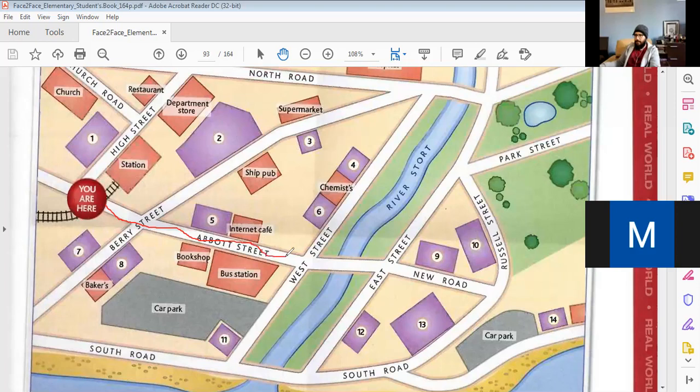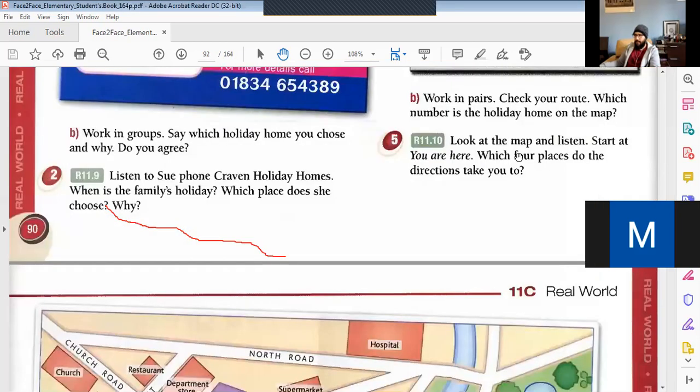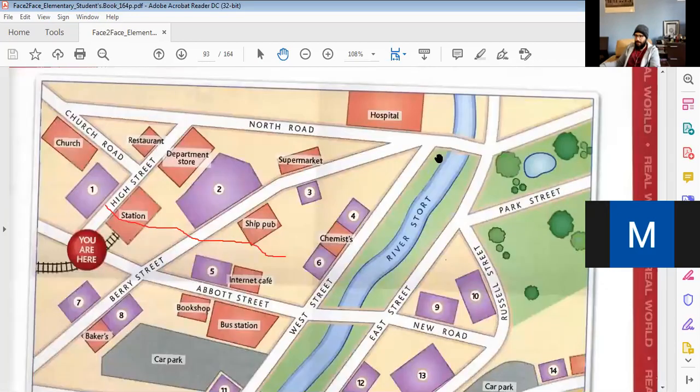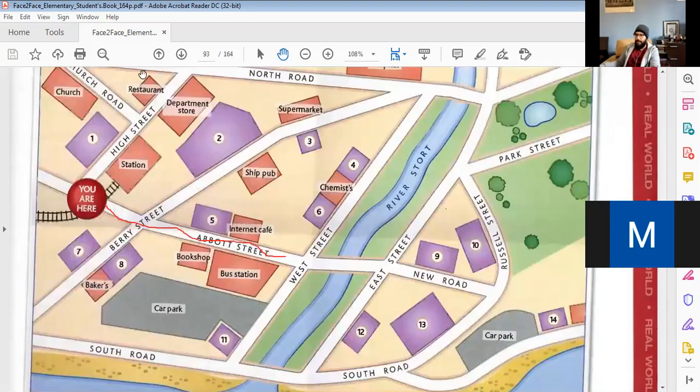So in her first direction she said go past the bus station. Yes. So this is the first step. Let's check. Then she said past the bus station on the right. Then go over the bridge and turn right. Okay, so we will continue. Go over the bridge and turn right. So where do we go? Over the bridge. Where's the bridge?